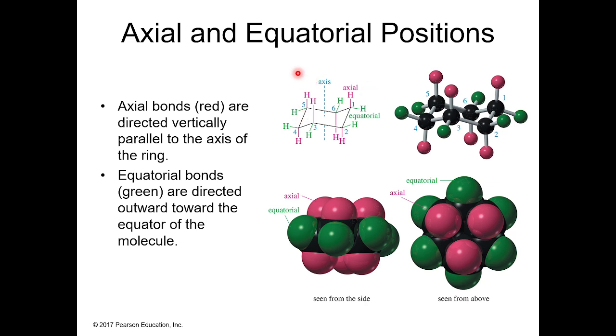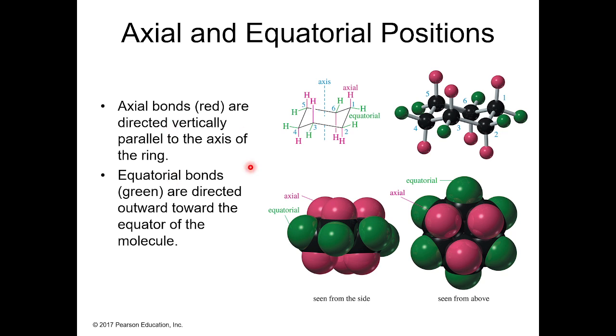These are directed vertically, parallel to the axis of the ring, like the axial poles of the planet. They're vertically directed in comparison to the ring.